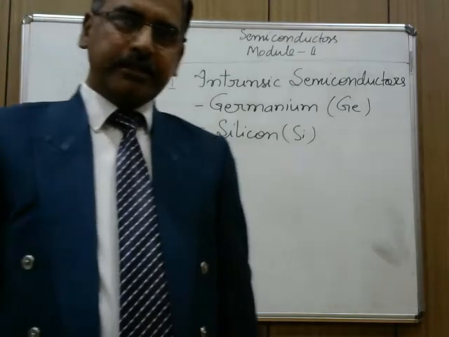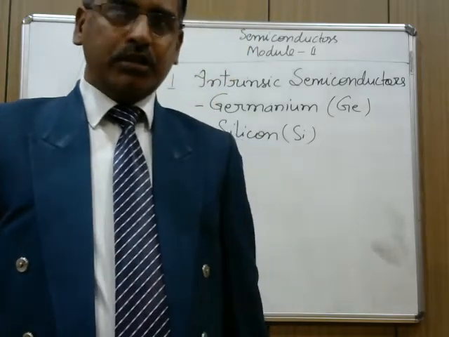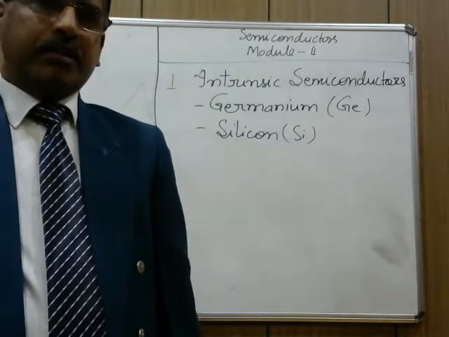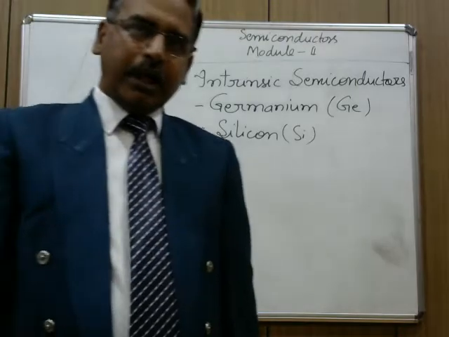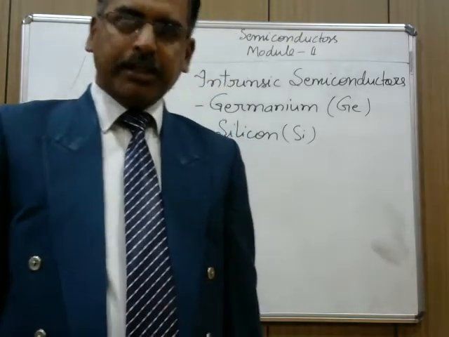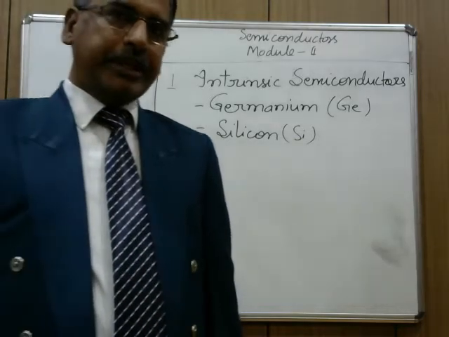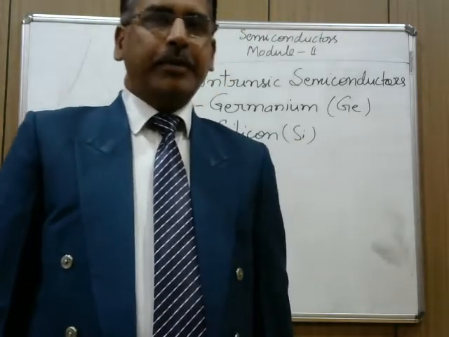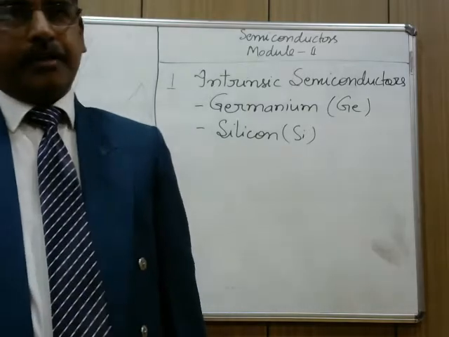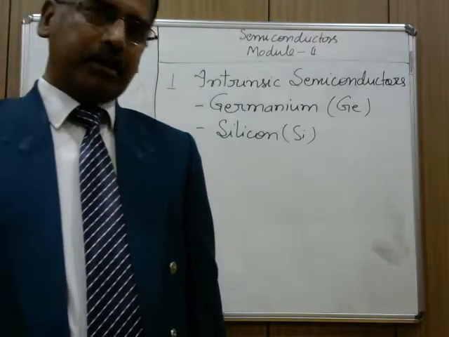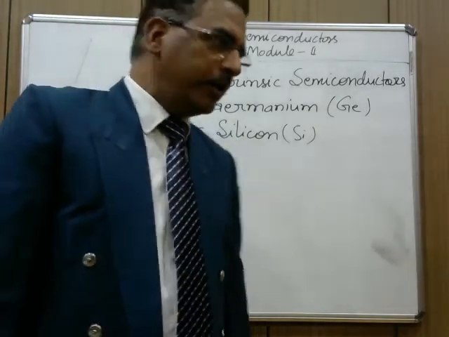These 4 valence electrons revolve in the outermost orbit, and each atom of a pure semiconductor shares its 4 valence electrons with the neighboring atoms, forming covalent bonds. Now how does it happen?